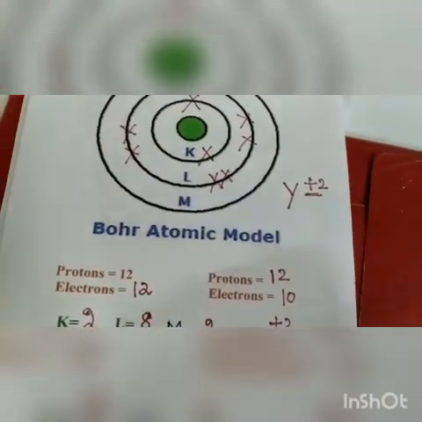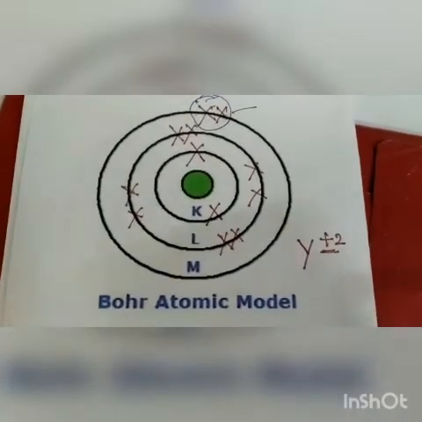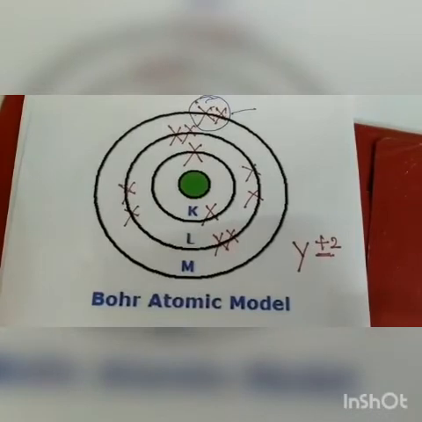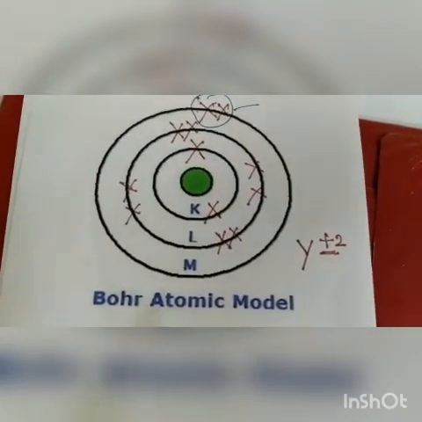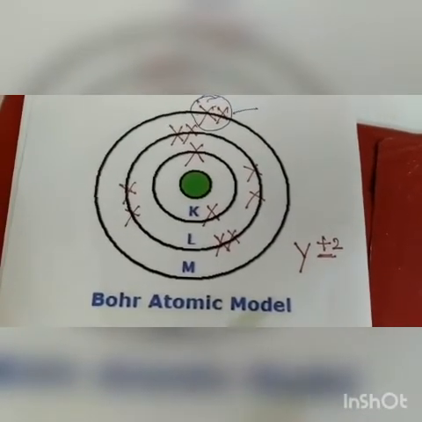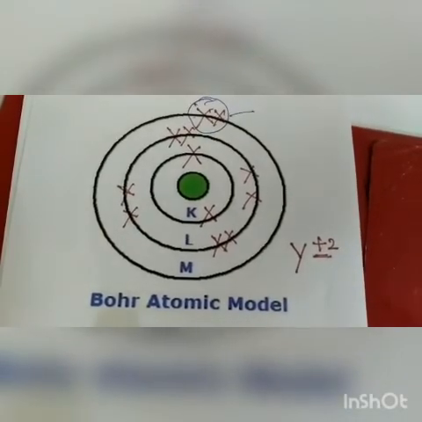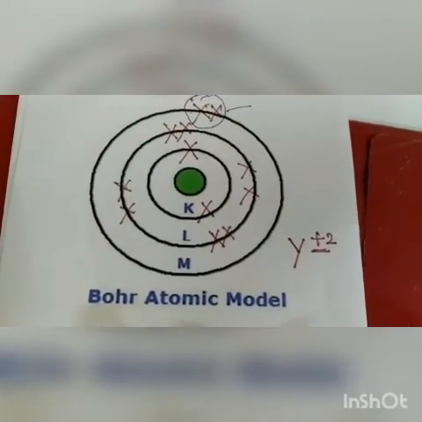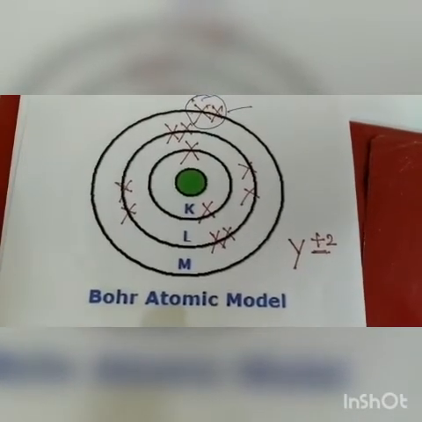So what is valency? Valency is the number of electrons gained, lost or shared. If electrons are gained, then the atom has a negative charge. If 1 electron is gained, the charge will be minus 1. If 2, the charge will be minus 2. If 3, charge will be minus 3.